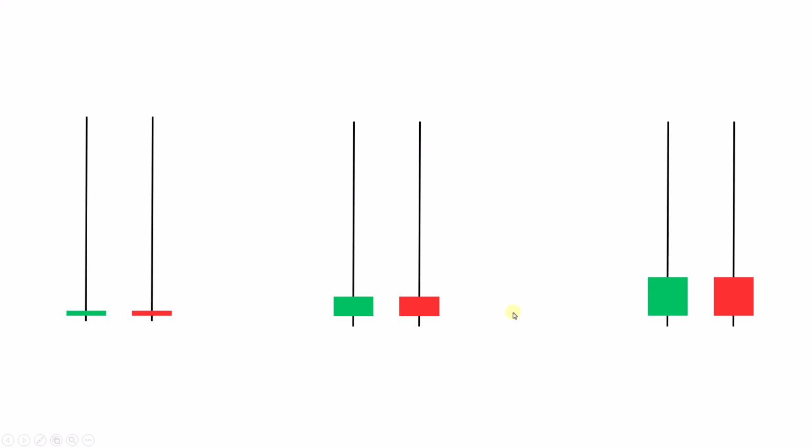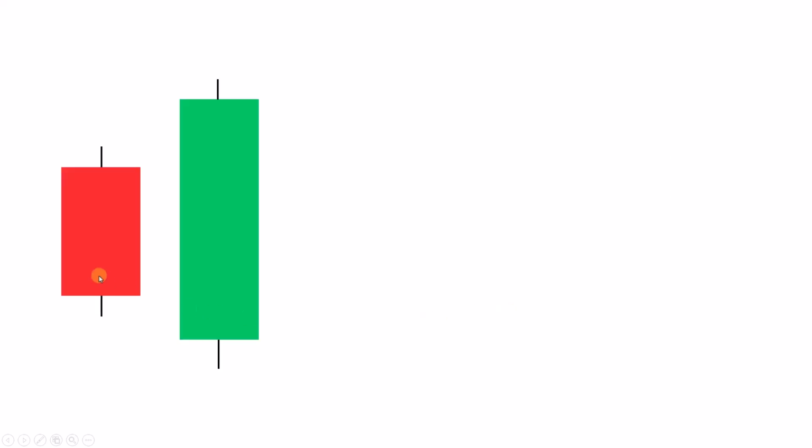Alright, now let us go back and look at the candlestick patterns that we have learned and combine them. Okay, this is a bullish engulfing pattern, correct? We have a red candle and we have a green candle. Now you know how to combine candles, right? So what do we do?